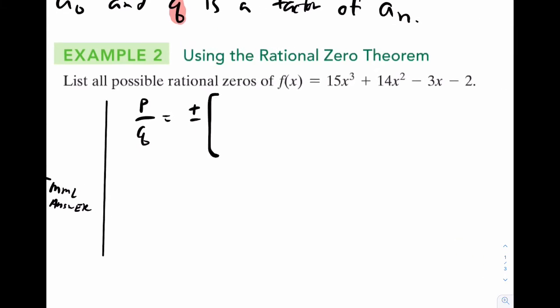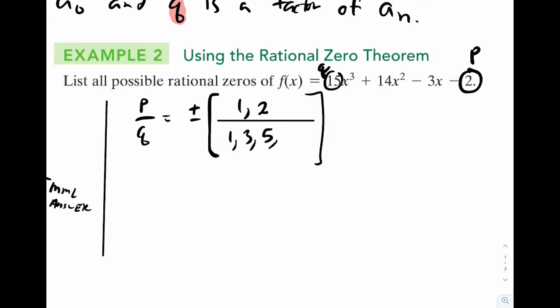I'll put a big bracket, fraction bar, and recall this 2 is your p, this 15 is your q. So the numerator, think of the factors of p, or the 2, that would be 1 and 2. And your denominator, let's write out the factors of 15. 1, 3, 5, and 15.